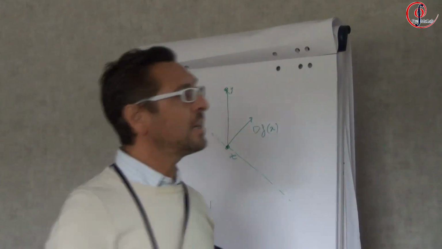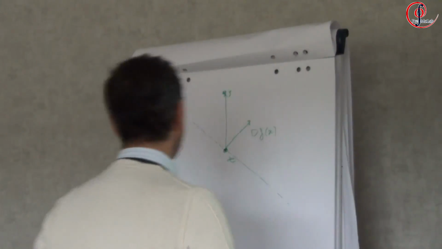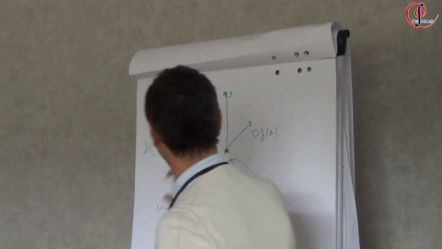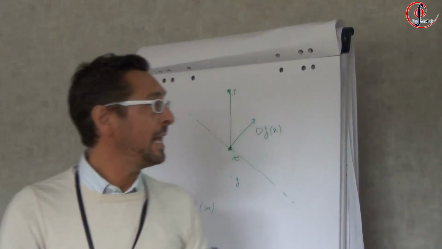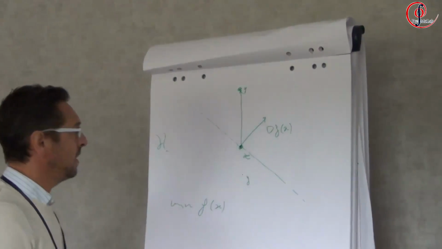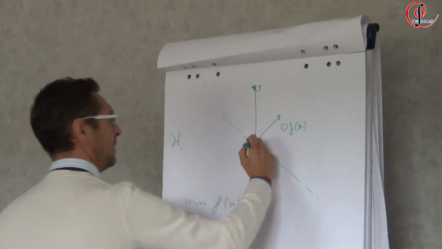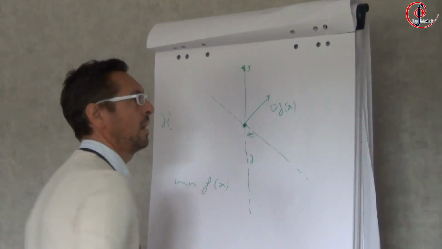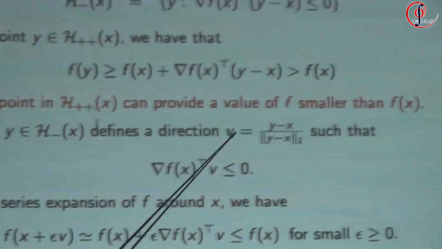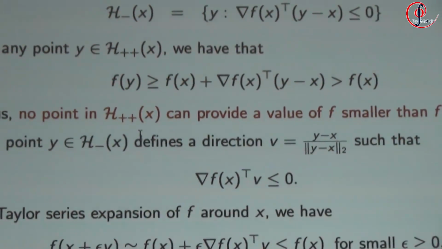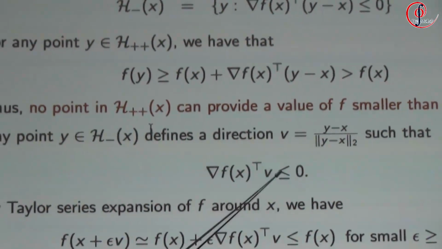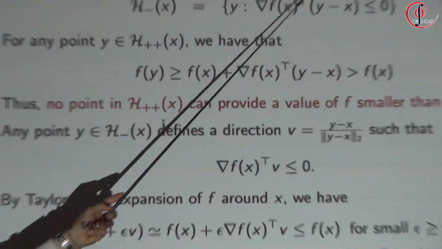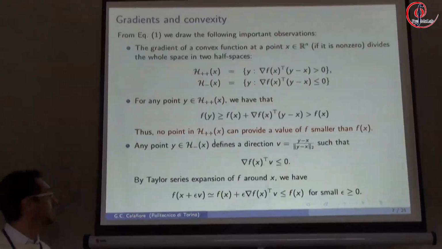On the other hand, if we take any point in this other half space, H minus, like a point in here, if we take y here, then any point in here defines a direction, like this line here, and I denote this direction with a normalized vector, which is y minus x divided by the norm, so a unit direction. And along this direction, we have a negative or non-positive inner product with the gradient.